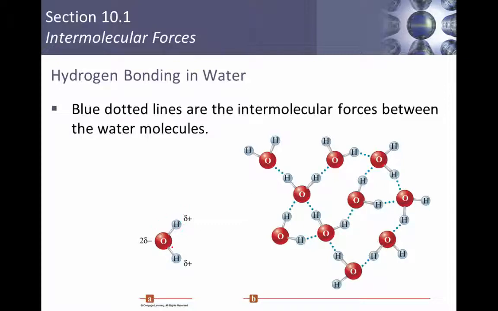This was showing the dipole, the negative and positive end of water, and the two lone pairs here on water. Now the attraction between the negative end and the positive end is happening between the molecules. That's your intermolecular force, or IMF to be shorter. It's easier to write too.